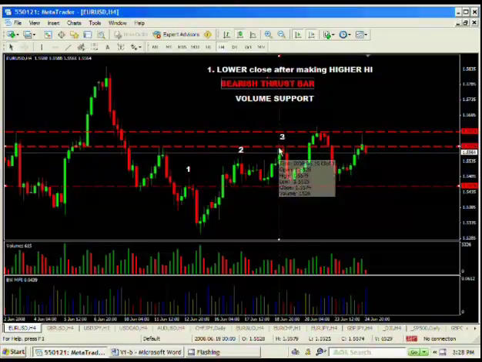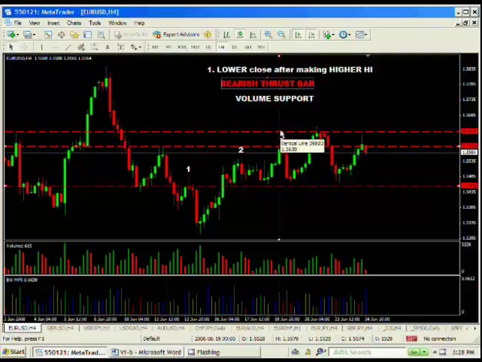Because if it breaks and closes above this resistance, then the next resistance is up here, and that's a pretty nice move. And we see that the public were stopped right here at resistance. If the public had broken out through resistance, then we would trade with the public, because the herd is going to come in full force on the breakout of resistance.